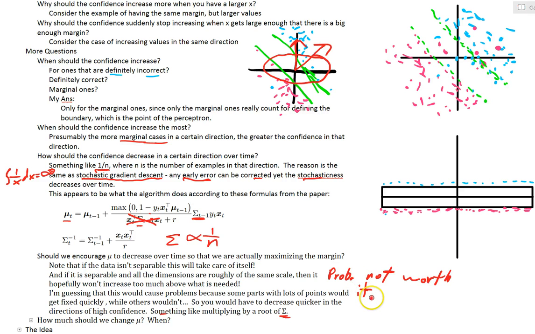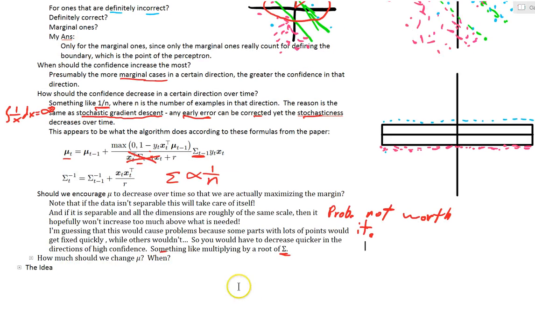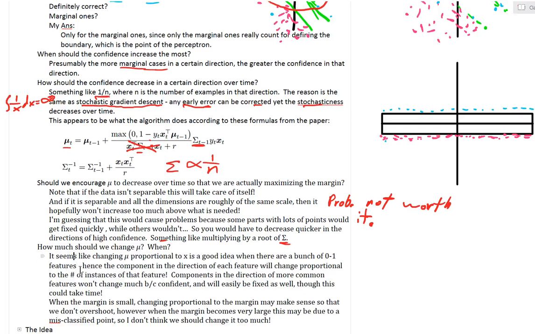Although possibly, I don't know. I think it's probably not worth it, based on the examples I've thought of where this might cause some marginal improvement. Now, how much should we change mu, and when? So it seems to me like changing mu proportional to x is a good idea when there are a bunch of 0, 1 features, right?